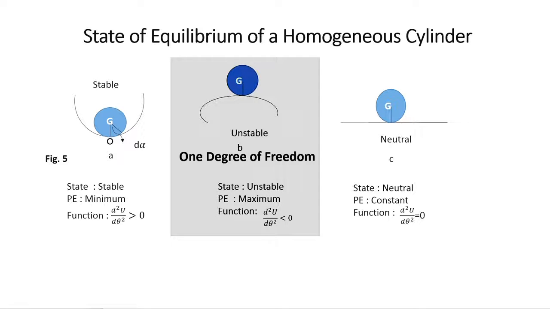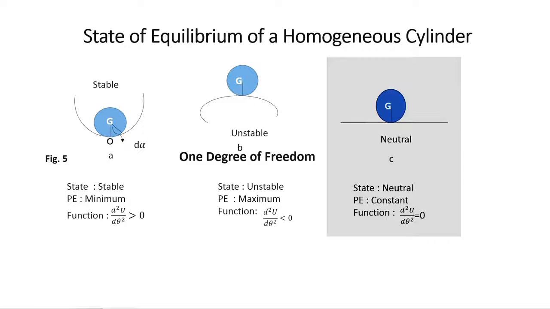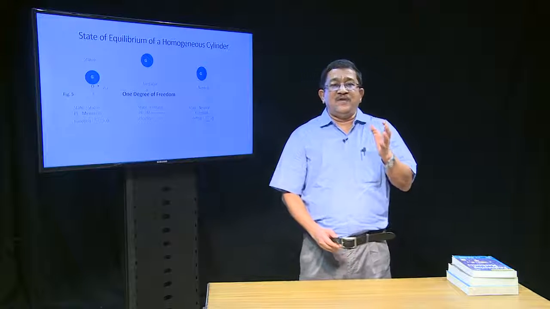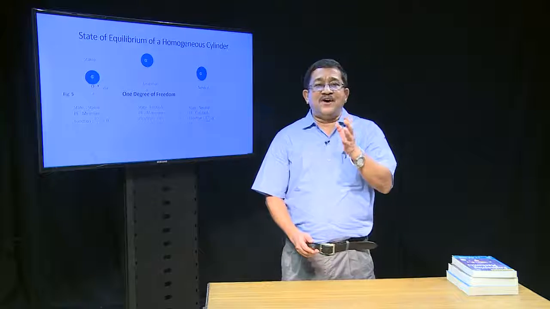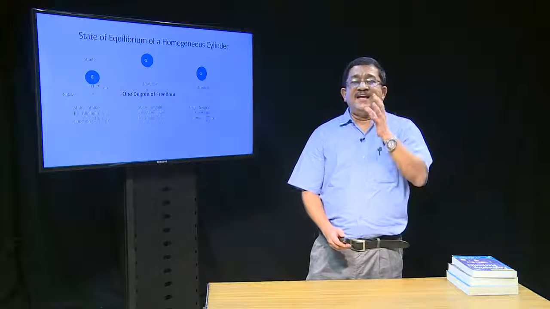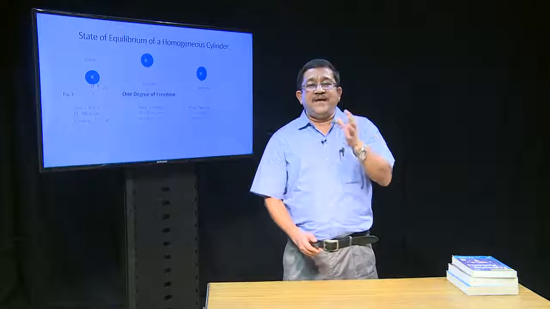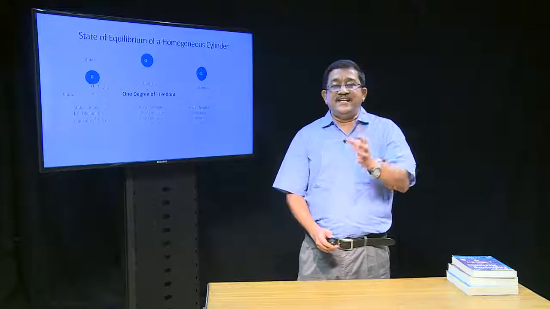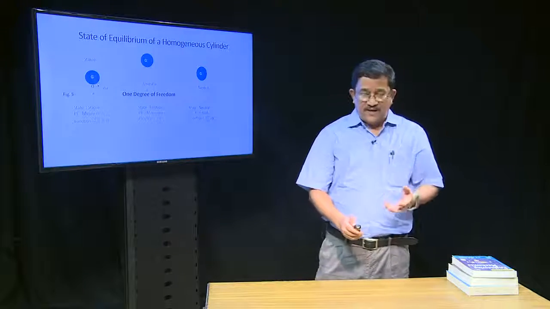But if you go to figure C, you will find the state is neutral. That is, here the potential energy is constant, and d square U by d theta square is equal to 0. So this picture gives you the concept of stable, unstable and neutral equilibrium of a homogeneous cylinder or a rigid body.